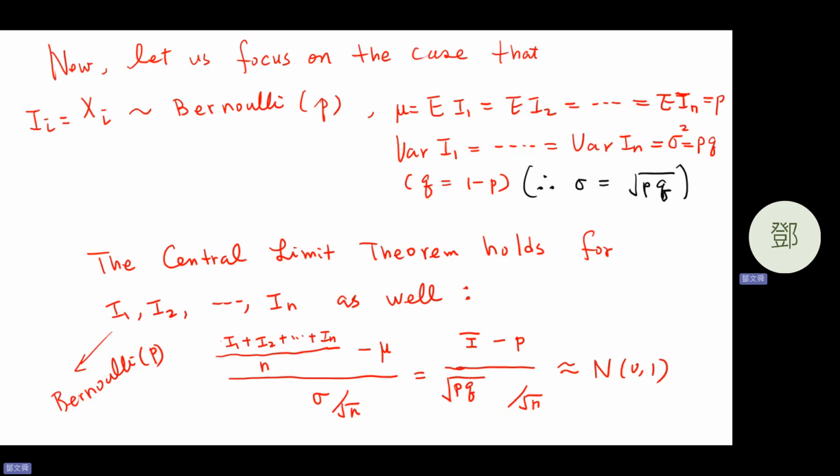If it is x1, x2, all the way to xn, here it is x bar, but now I use I bar. And mu, as expressed at the upper right, is p, and sigma is the square root of p times q. That's the central limit theorem.